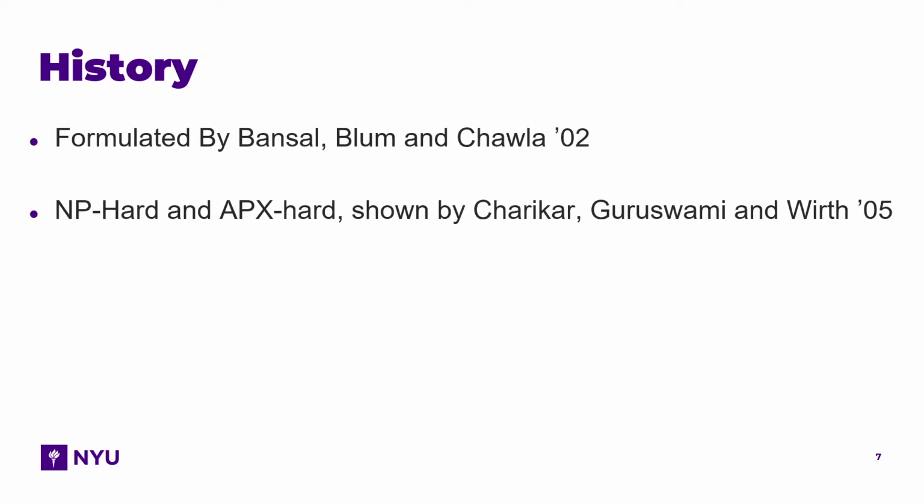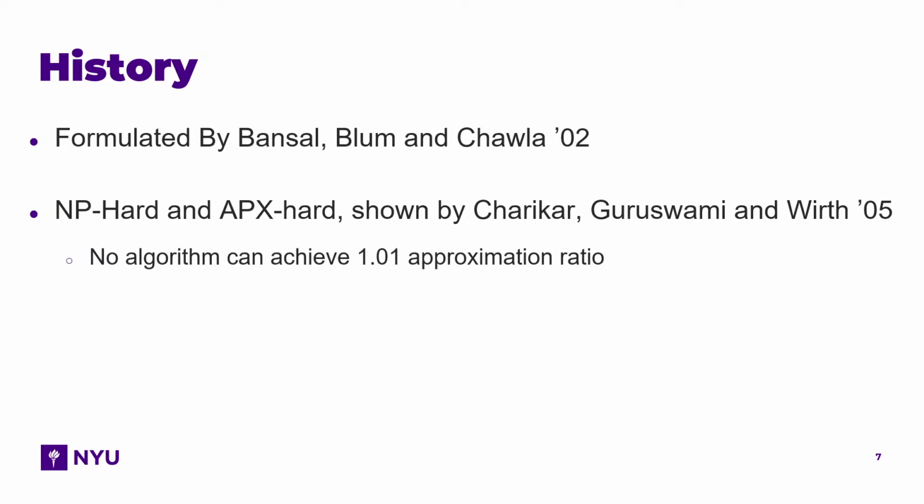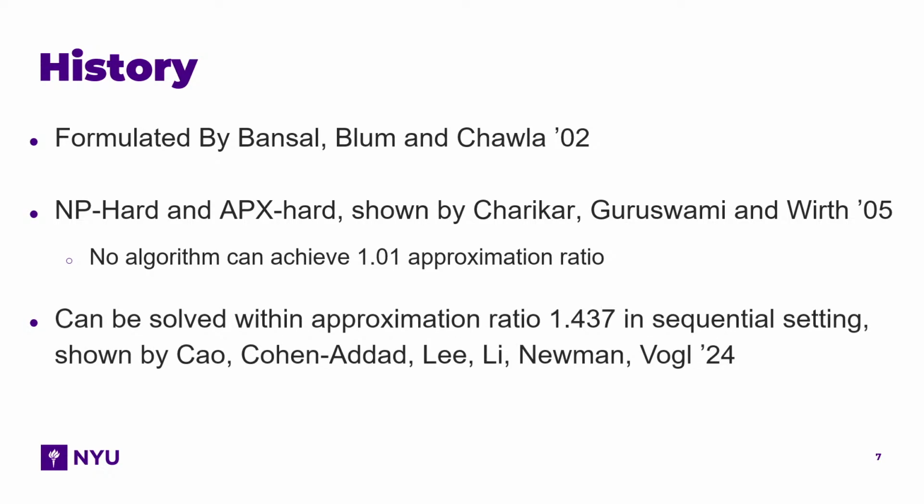And they even showed it's APX-hard. What is APX-hard here? It means that, under some assumption, no algorithm can achieve a 1.01 approximation ratio in polynomial time. So we can only hope to get some approximation ratio, and there is no PTAS for this problem.